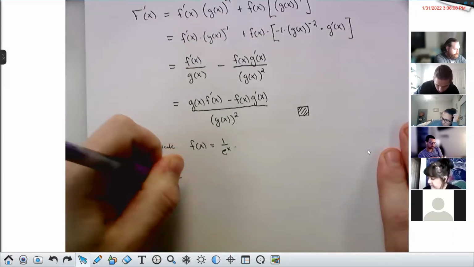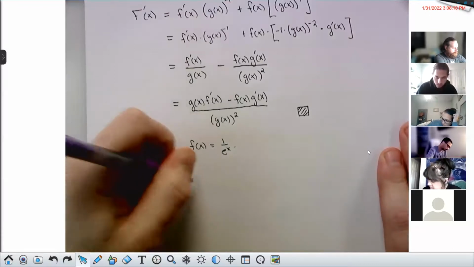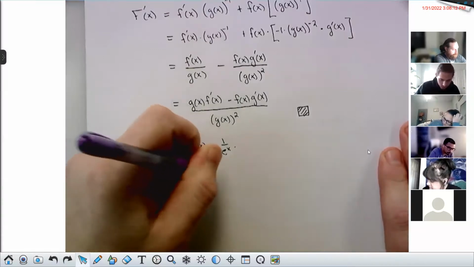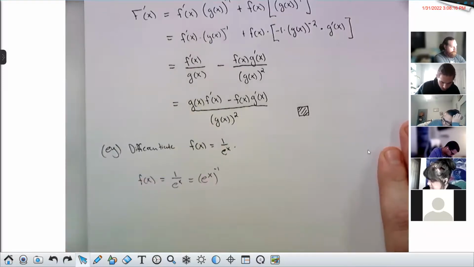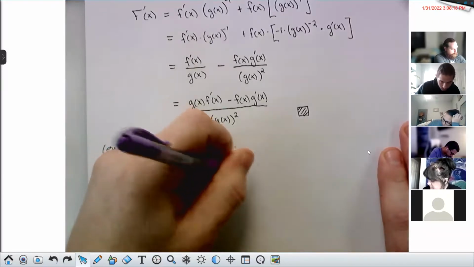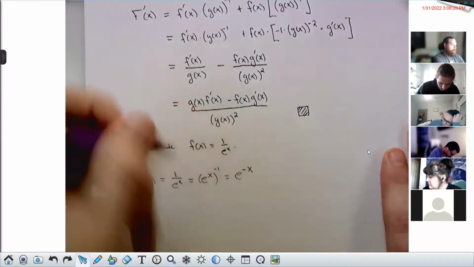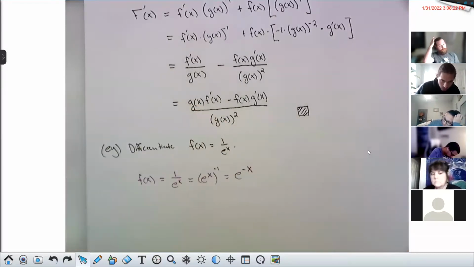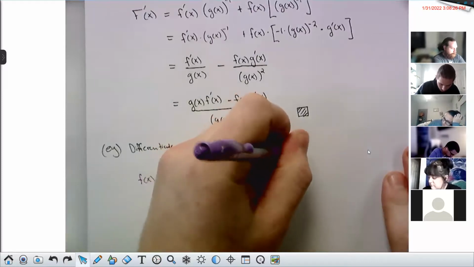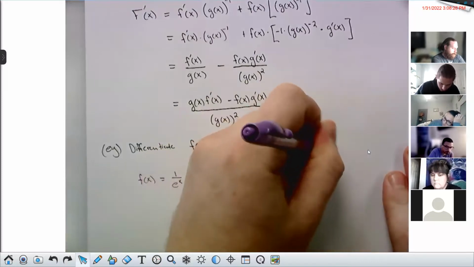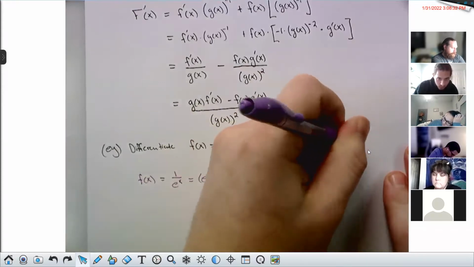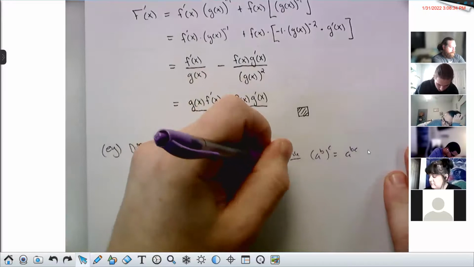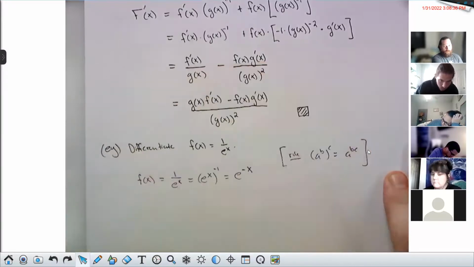Because 1 over e to the x is the same as e to the x to the -1st power, which is e to the -x. The algebra rule there, one we've used before, a to the b, all to the c, is a to the b times c. Super useful algebra rule.